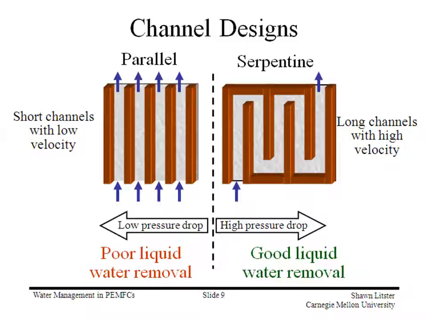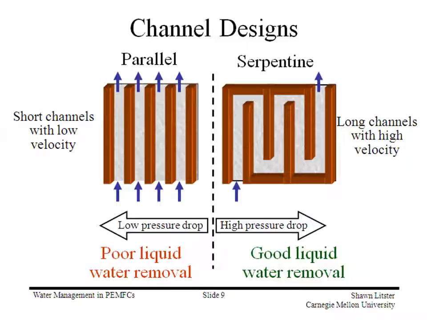Cross-sectional area is a little bit hard to see here, but it's what's coming out of the page. It's easier to see in some of the other ones. It's the cross-sectional area of the channel itself. In the serpentine case, you only have one channel in the same cross-sectional area. It's the same cross-sectional area as in the parallel case. But because you have a lot more channels in the parallel case, your overall velocity is less.